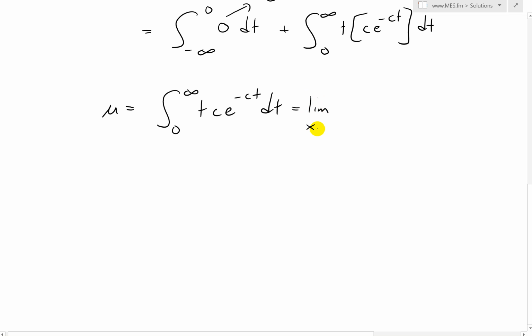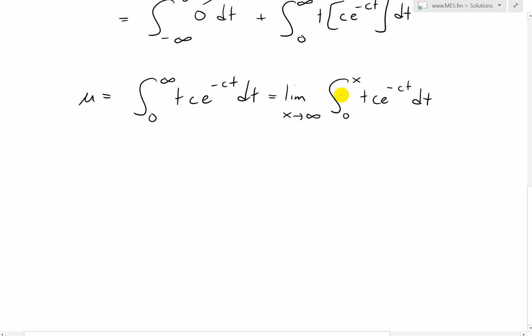I'll use x as the variable, since we have t there. So as x approaches infinity, we replace the infinity, and it's the integral from 0 to x of t c e to the negative ct dt. Now we deal with this integral as opposed to dealing with the infinity, and later we'll take the limit.